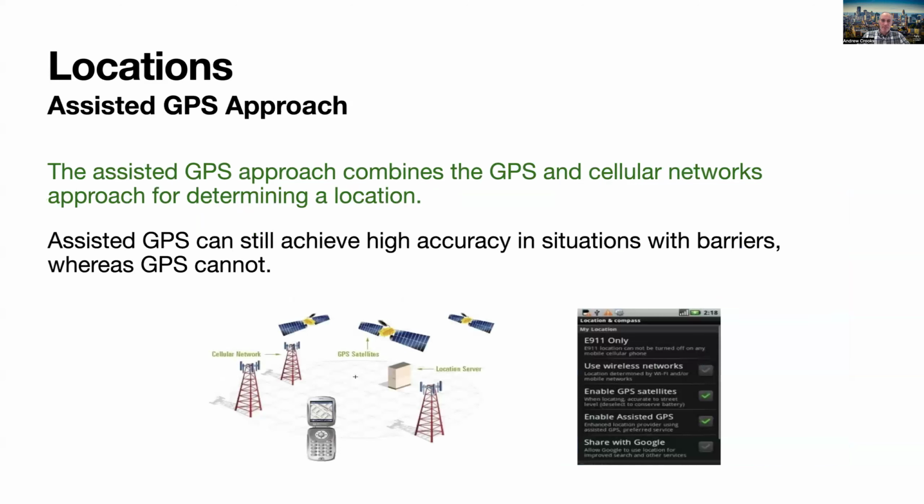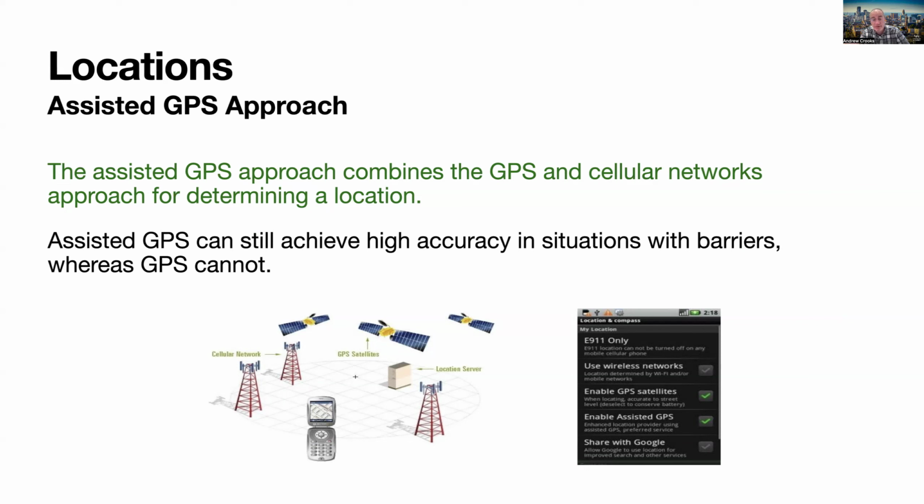In that sense, there's also a way of locating ourselves using assisted GPS, which is a combination of both cell phone and GPS itself, right? So it combines GPS and cellular networks together to determine our location. The analogy would be if you have a sat nav in your car. When you first start your car, you have to wait for a little while for your GPS signal to be picked up, right?